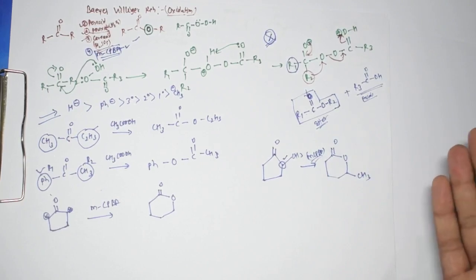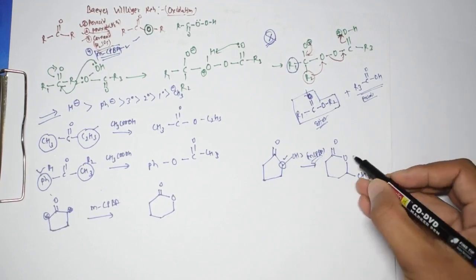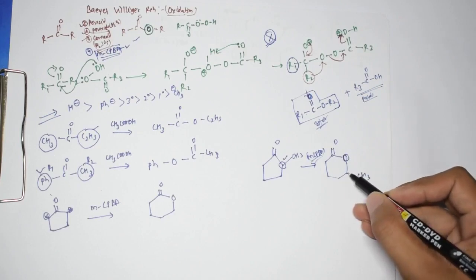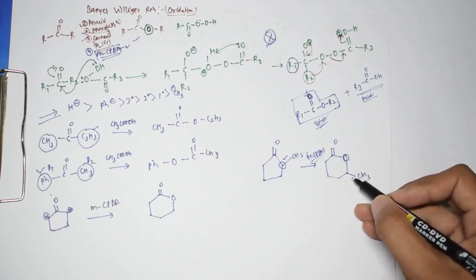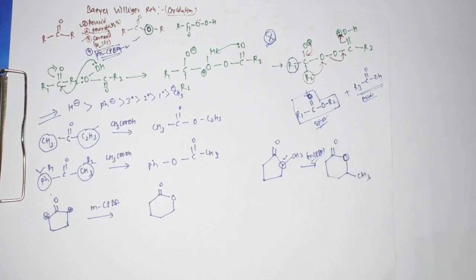Normally the oxygen is inserted between the carbonyl carbon and the carbon group with higher migratory aptitude, but in that case the opposite takes place. So, for that I will make a separate video, and in that I will discuss each and everything, why that happens and how that happens.